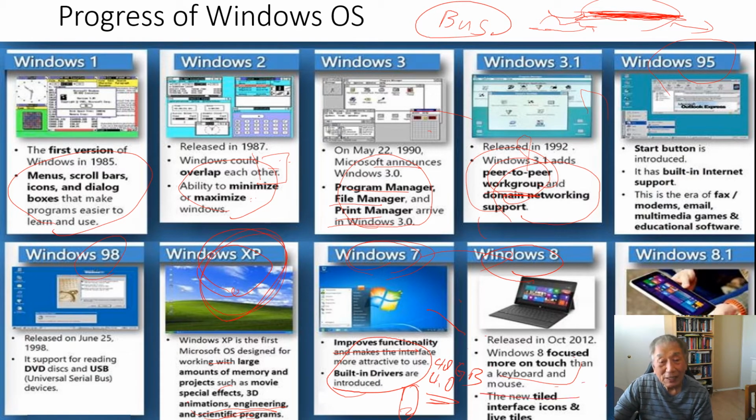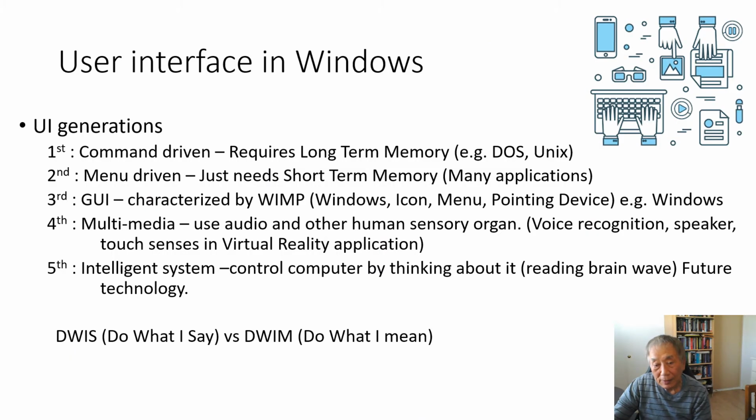But anyway, as Windows got increasing, they are creating or adding more features and functions. Now that user interface, there are some generations. I said briefly, but not much. So first generation is a command mode. So you got to memorize everything. There's a long-term memory.